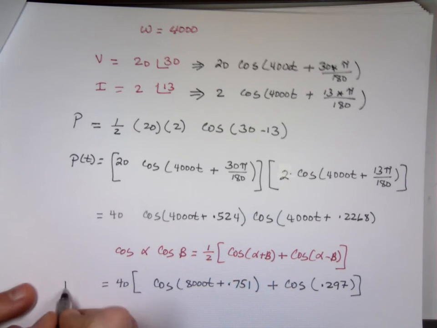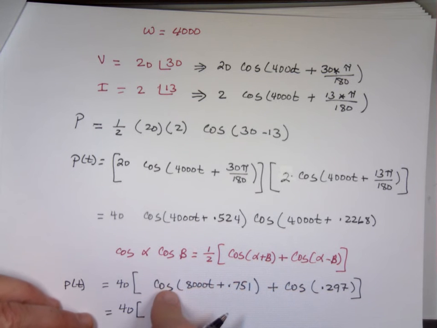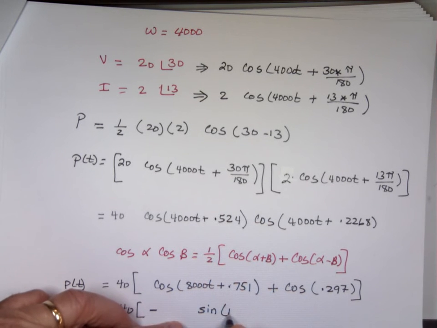Now you want maximum power transfer, right? To get a maximum value, you take the derivative and set it equal to 0. There's my derivative. What is the derivative? Cosine, negative sign, isn't it? Negative sine of 8,000 t plus 0.75, times the derivative of this, which is 8,000.